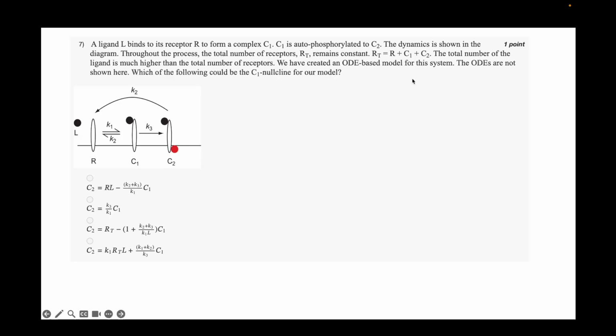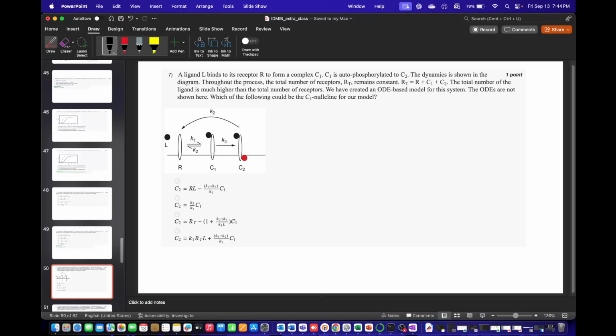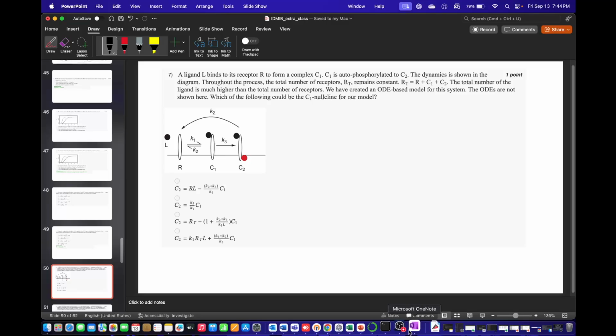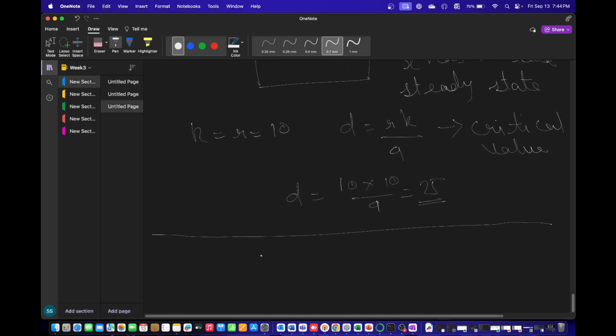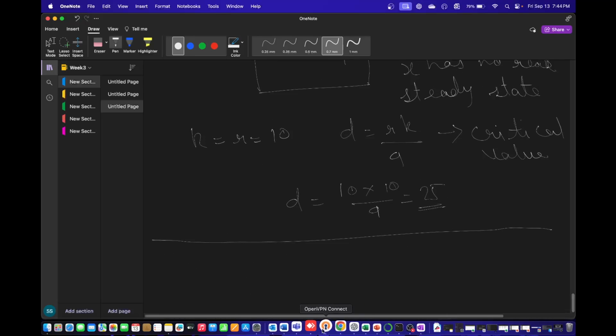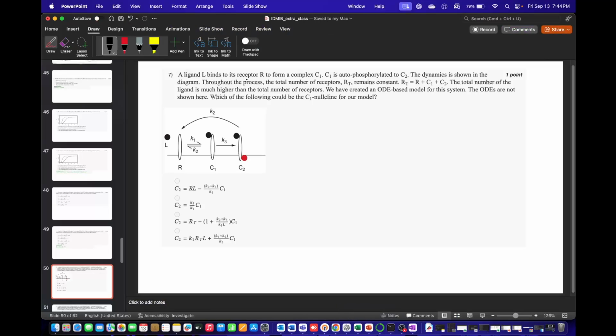We have to create an ODE based model. The ODEs are not shown here. Which of these is basically the null line of C1? So first we need to find the model and then we'll find the null line. Okay, so L binds with R. This is the reversible reaction.